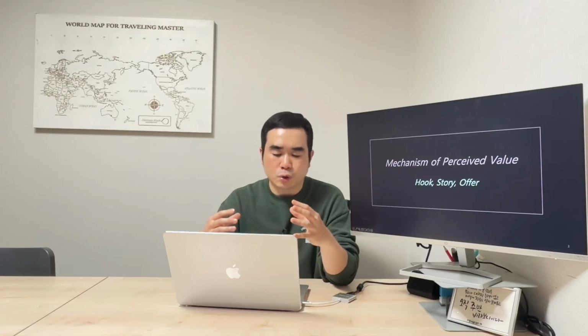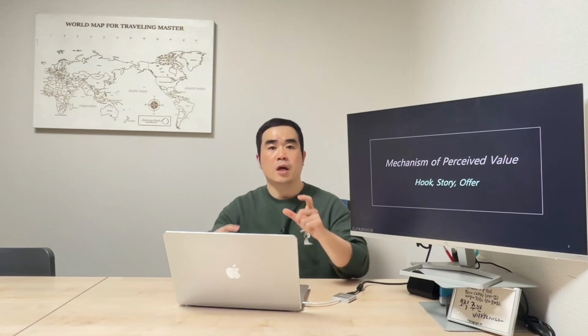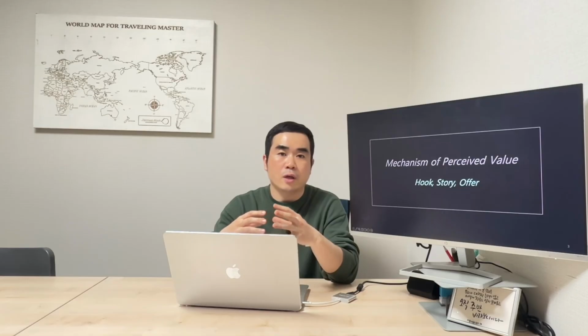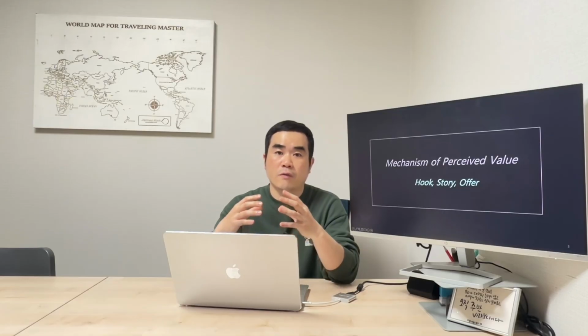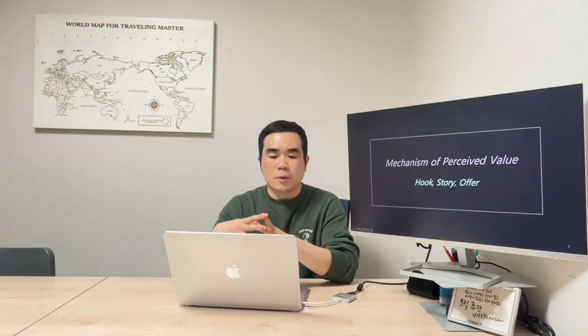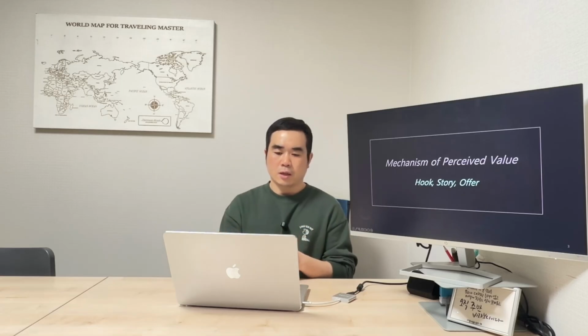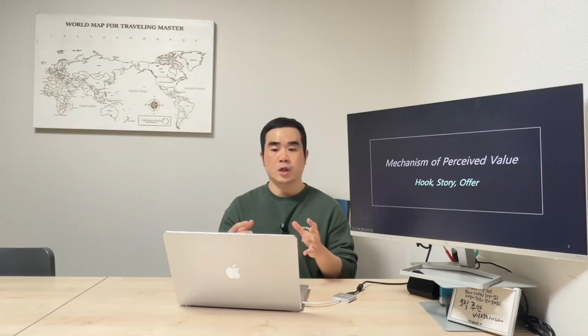So the first is hook, the second is story, and the third is offer. This is part of a sales funnel. Last time we covered the definition and details of the sales funnel, but this time we will learn about the mechanism of perceived value, focusing on the sales funnel more closely.